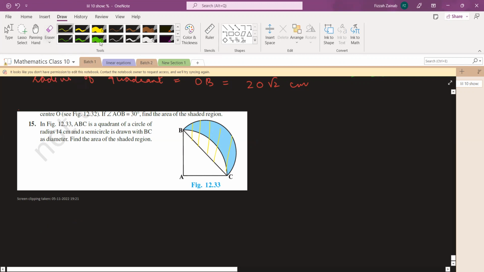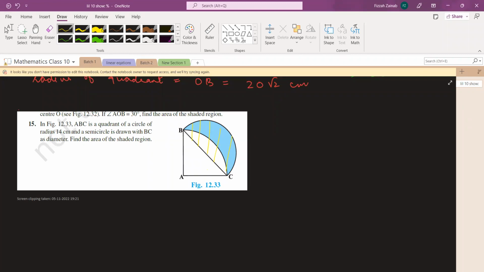Come on, think about it. In the semicircle, are the radius of both of them same?